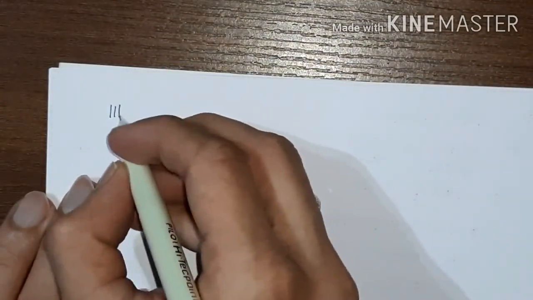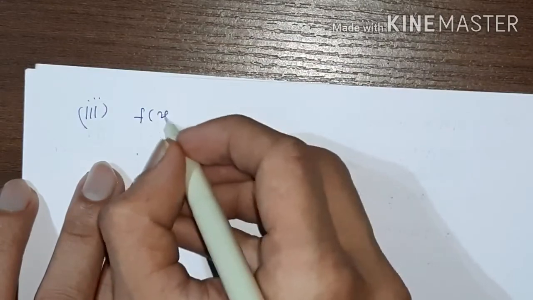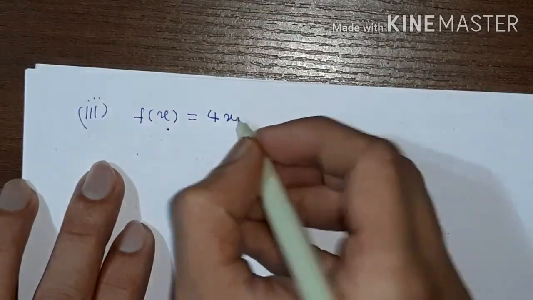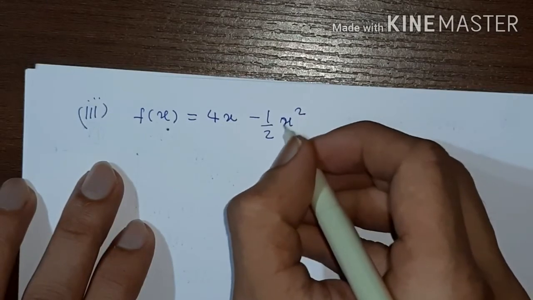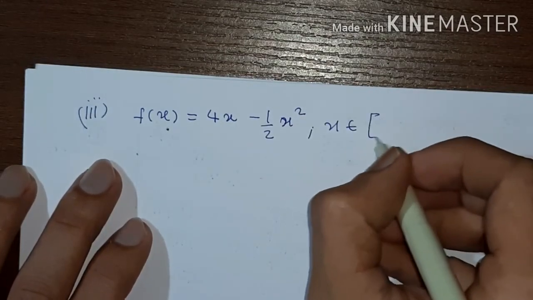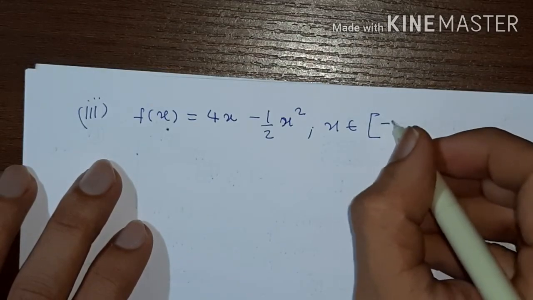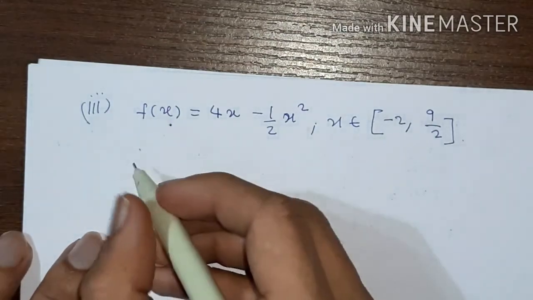Now let us go to the third. Third is f of x equal to 4x minus half x square, x belongs to minus 2 comma 9 by 2, right?